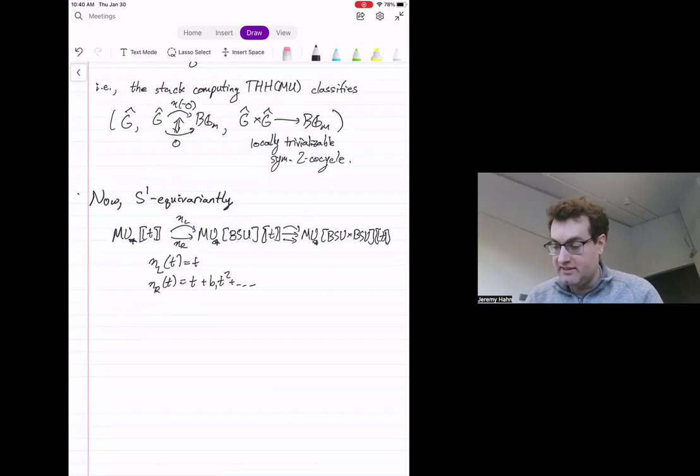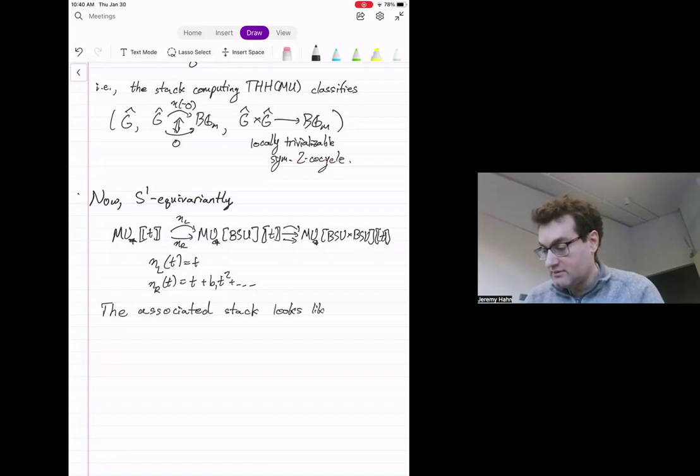But to convince you that we've pinned down an algebraic description of it, let me tell you what stack this represents. So the associated stack classifies, just like before, our formal group, but now we have this t variable, and the t variable can be thought of as a map from the point to G hat.